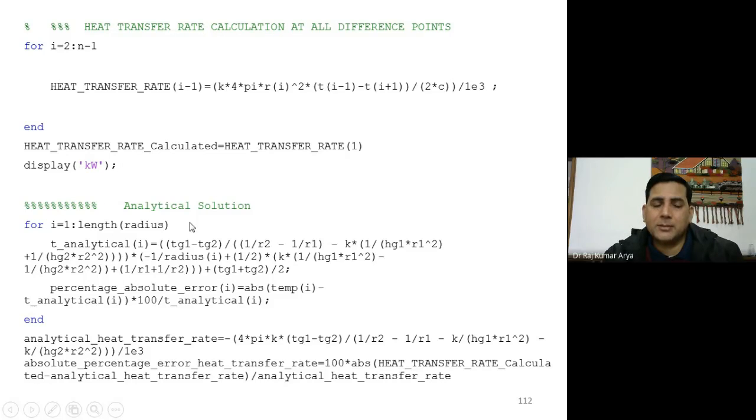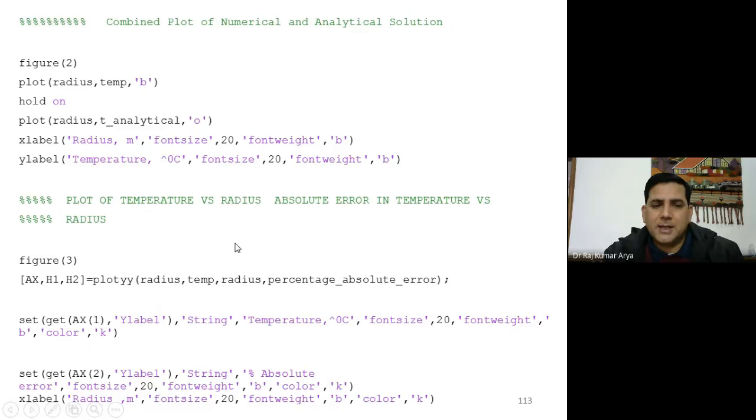After that, you want to compare all solutions with the analytical one. You know the analytical temperature expression, so you can use it here. Based on that, you calculate the percentage error. Then you calculate the analytical heat transfer rate also, and the error in the heat transfer rate. These are again the same plot commands which we used.